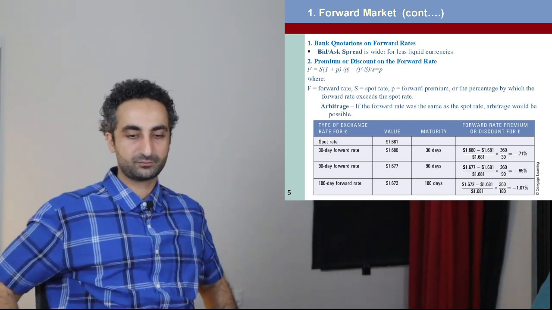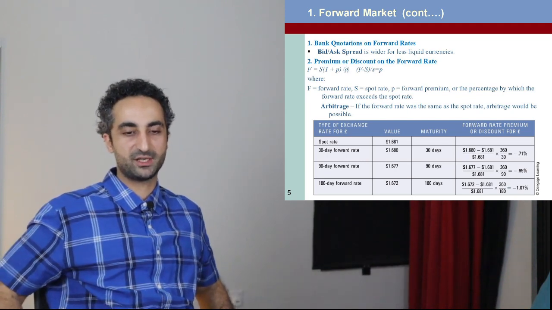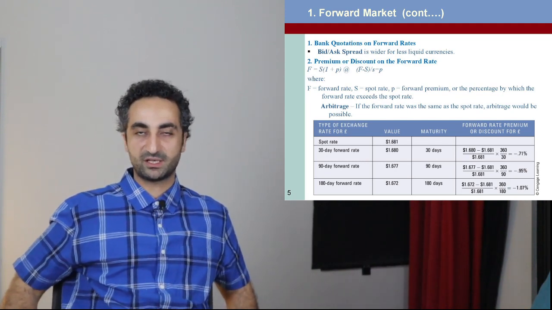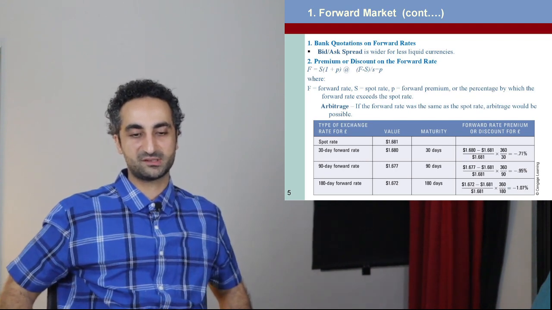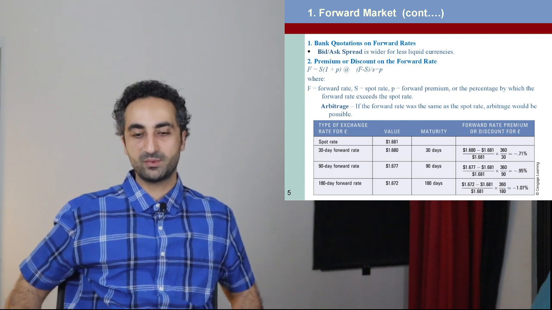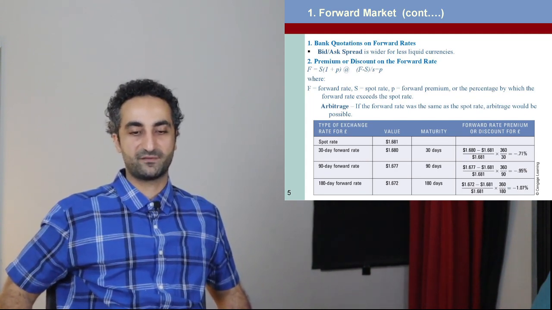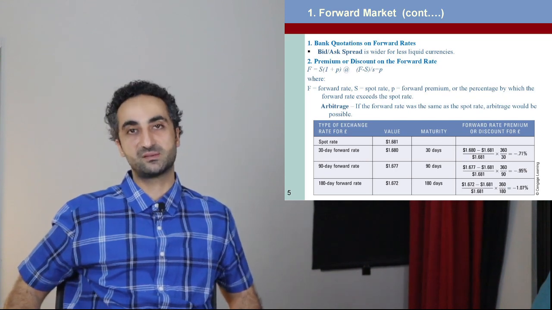So based on this very simple formula, we calculate again the spread. We need F. What are the variables? F, forward rate, S, spot rate, P, premium, forward premium, or the percentage by which the forward rate exceeds the spot rate.